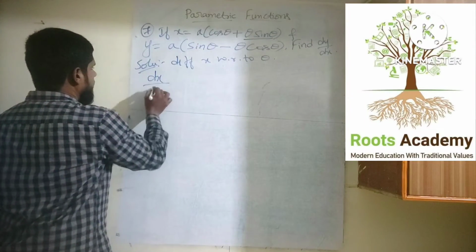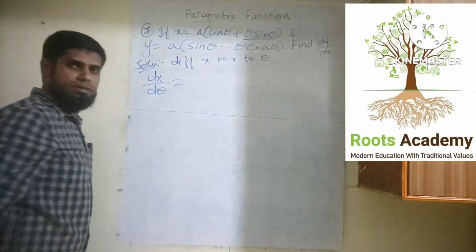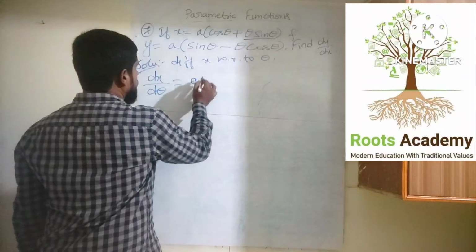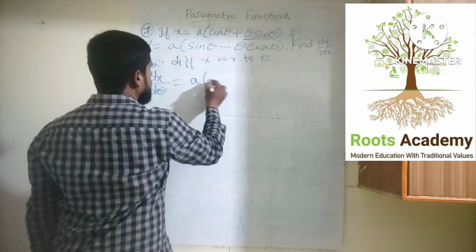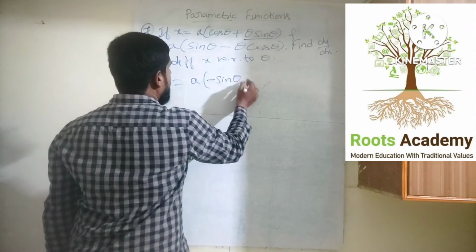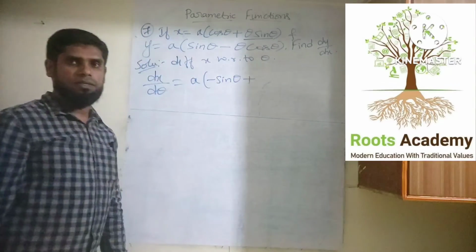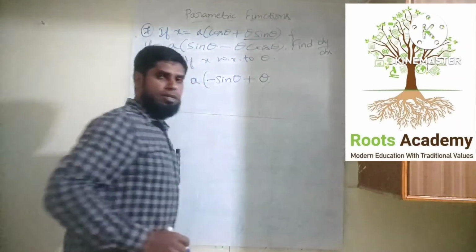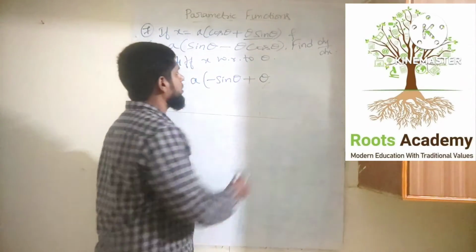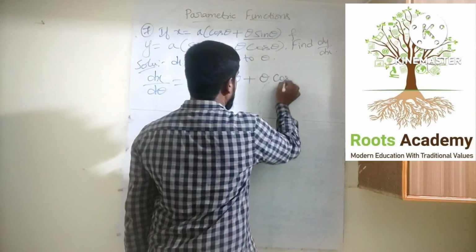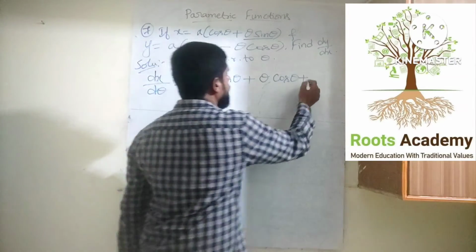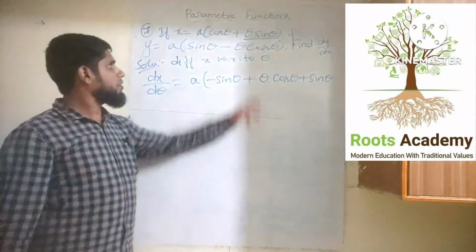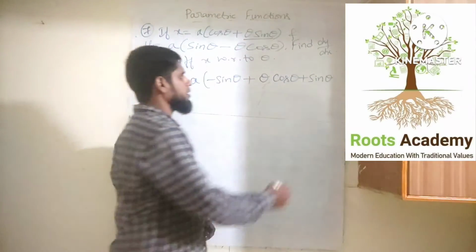That is dx by d theta is equal to a, here is the coefficient, derivative of cos is minus sin theta, plus first function theta as it is, derivative of sin is cos, plus sin theta as it is, derivative of theta with respect to theta is 1.